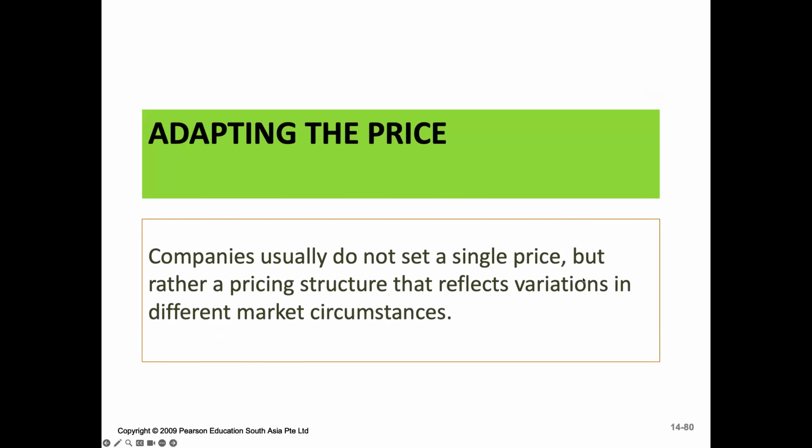As mentioned before, the price can be adapted, changed, or adjusted. Companies usually do not set a single price, but rather a pricing structure that reflects variations in different market circumstances.